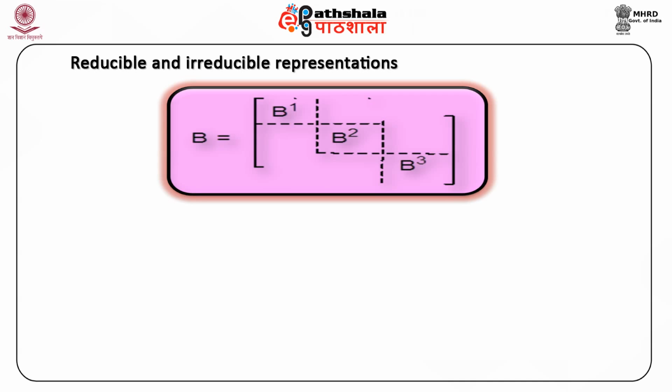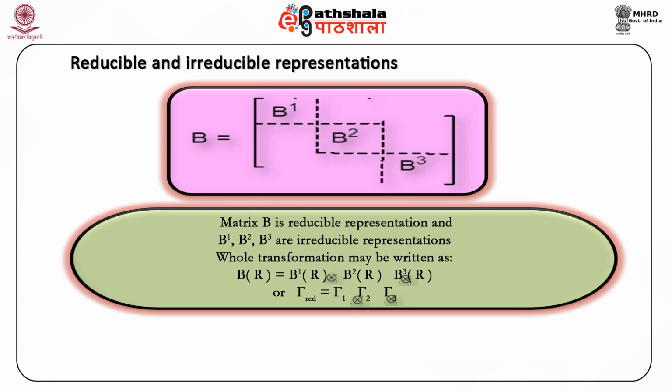Similarity transformation produces the block diagonalized matrices, which are square arrays. The overall character of the matrix does not change due to similarity transformations. Diagonalization is as shown. Each of the lower dimensional BRs may be represented as tau1, tau2, tau3 representations of the point group. This whole transformation may be written as given.